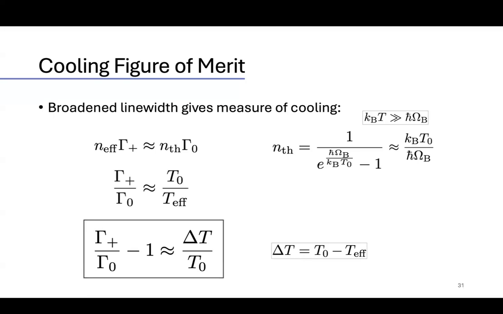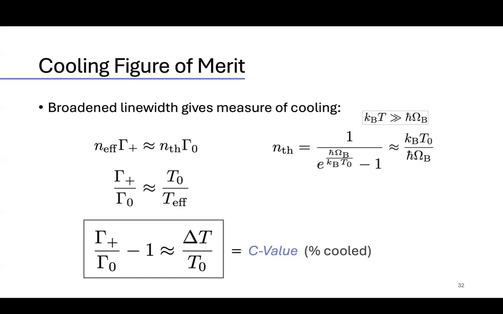Rejiggering this to get it in terms of the temperature difference from equilibrium to cooled temperature, we arrive at our figure of merit for evaluating how much cooling has occurred. This is what I've termed in my dissertation the C value, or percent cooled.